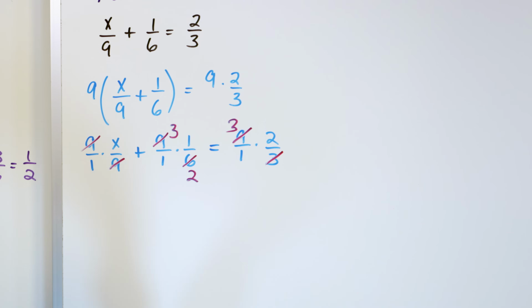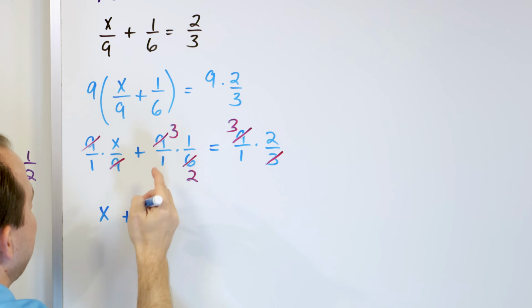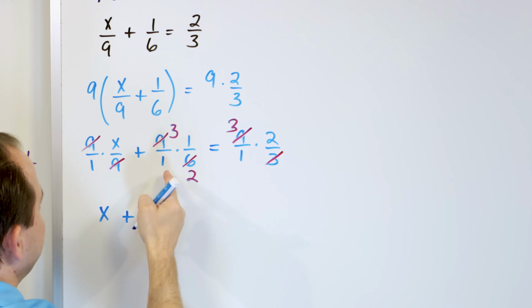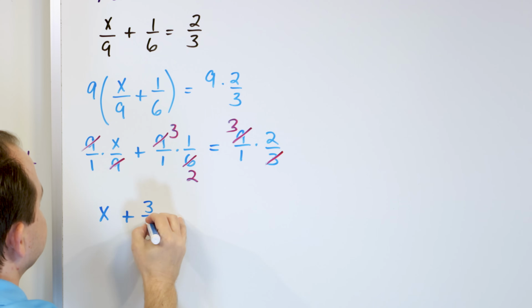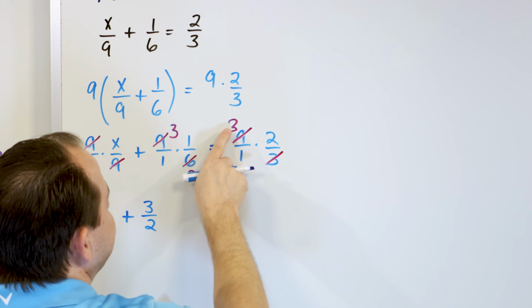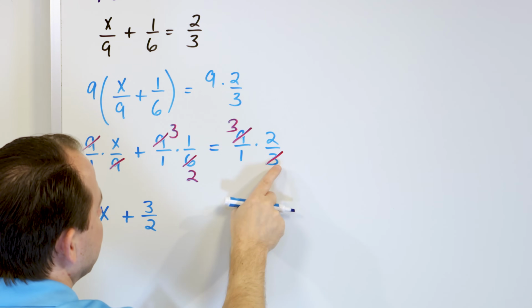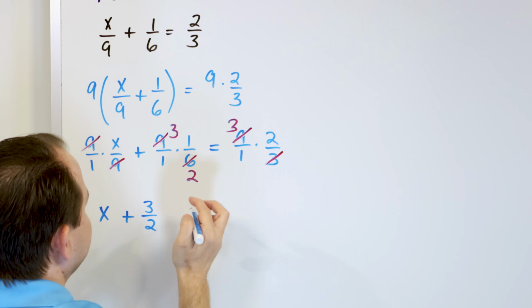So let's move along and see what we have. Here I have an implied 1, an implied 1, and a 1, so really all I have is x. Notice by multiplying, I've completely eliminated the fraction. I only have x left. Here I have 3 times 1, 2 times 1. So I have a fraction 3 halves. And here I've canceled, I only have 1's on the bottom, so they multiply to give me 1, and then 3 times 2 is 6.